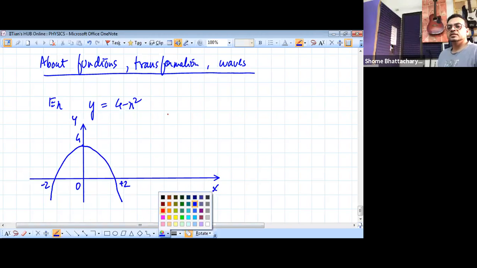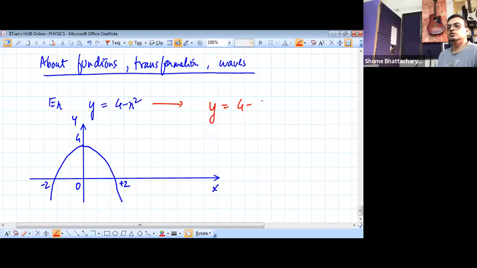Now, let us transform this function to y equal to 4 minus (x minus 1) whole square. And what happens over here? Here, the maximum value of y, which is 4, occurs at x equal to 1. Whereas here, y maximum equal to 4 occurred at x equal to 0. Here it occurs at x equal to 1.